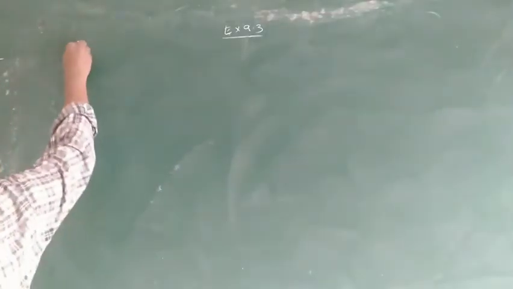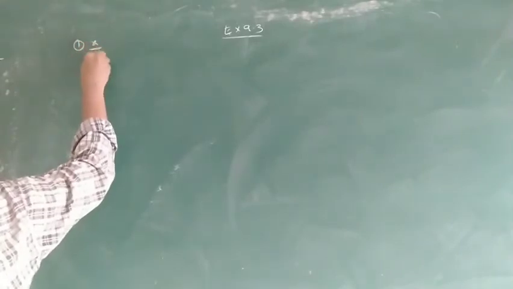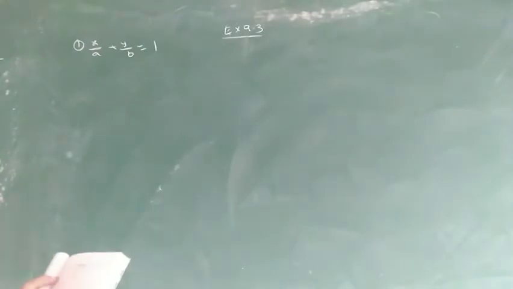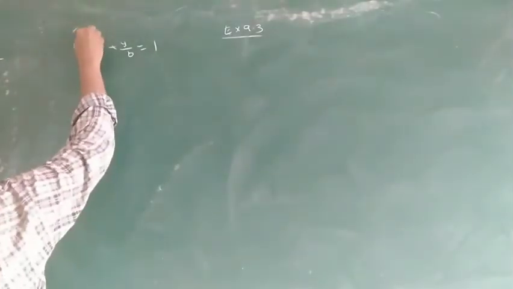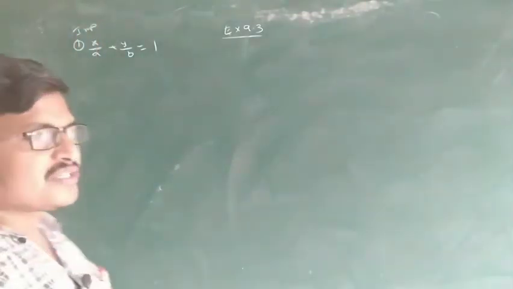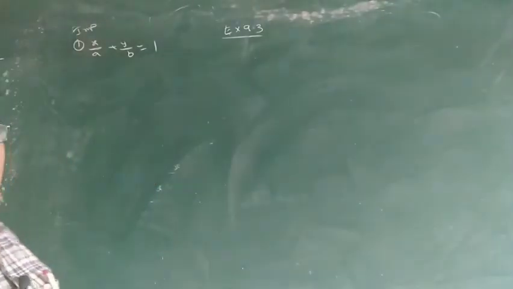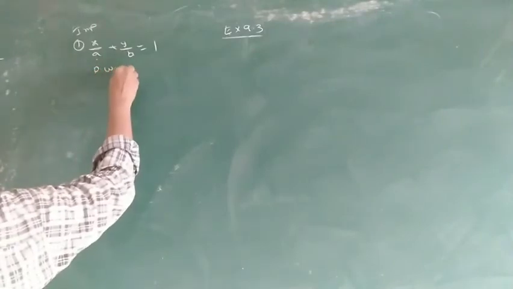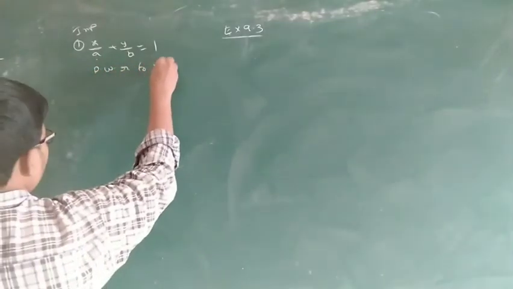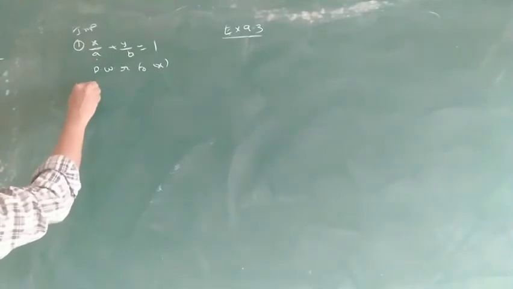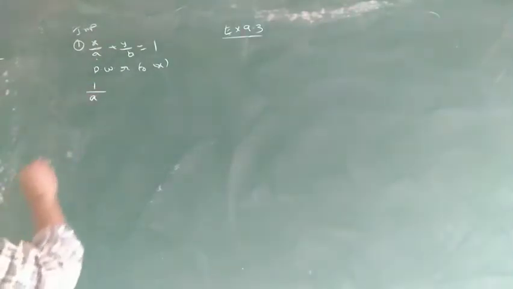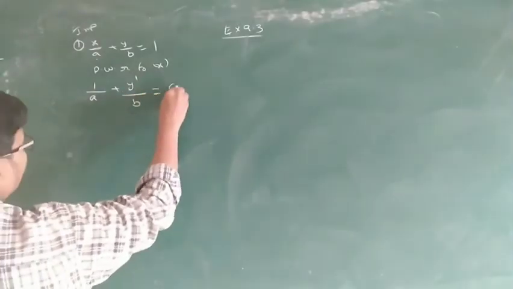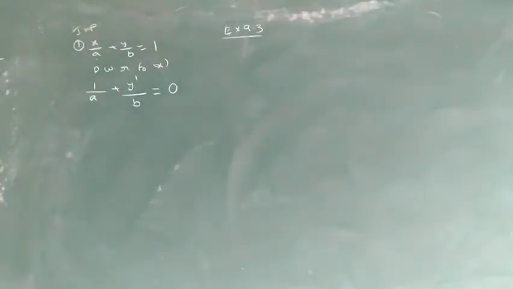The first one is x by a plus y by b is equal to 1. This is also important. How many arbitrary constants are there? 2 arbitrary constants are given, a and b. So 2 times we have to differentiate with respect to x. Derivative of x is 1 by a, plus y dash by b, derivative of 1 is 0.